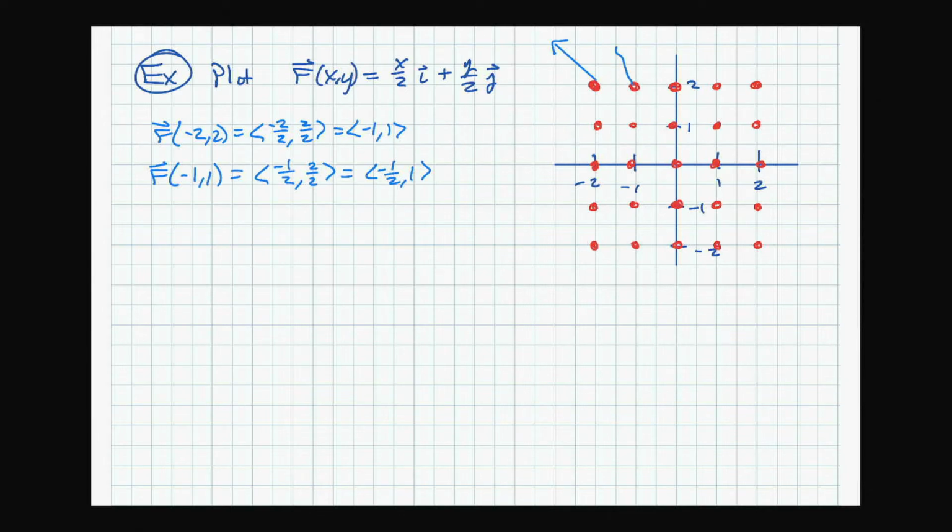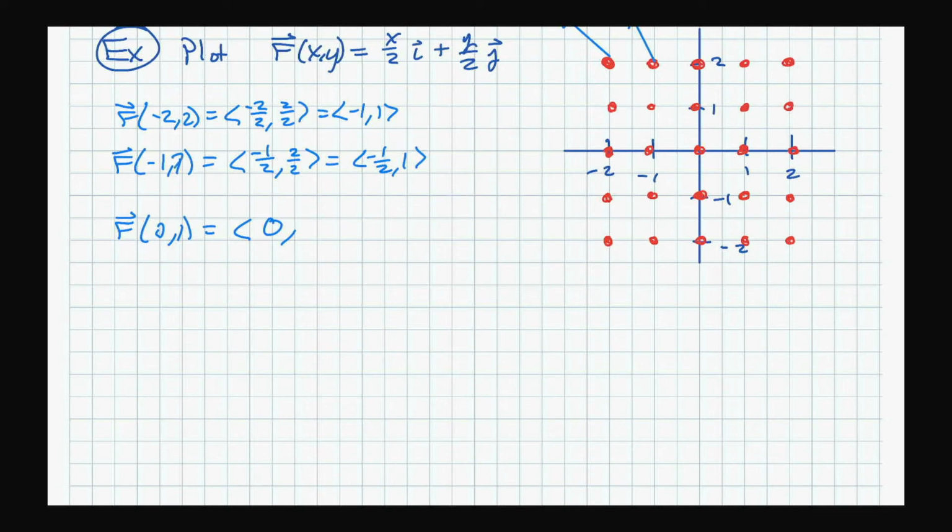So it's like this. So that points in a different direction, right? So then you calculate the next one. F of, let's say, 0, 1. So that would be 0. And then you put in, wait, hold on. This was actually 2. Sorry. I did put in a 2.